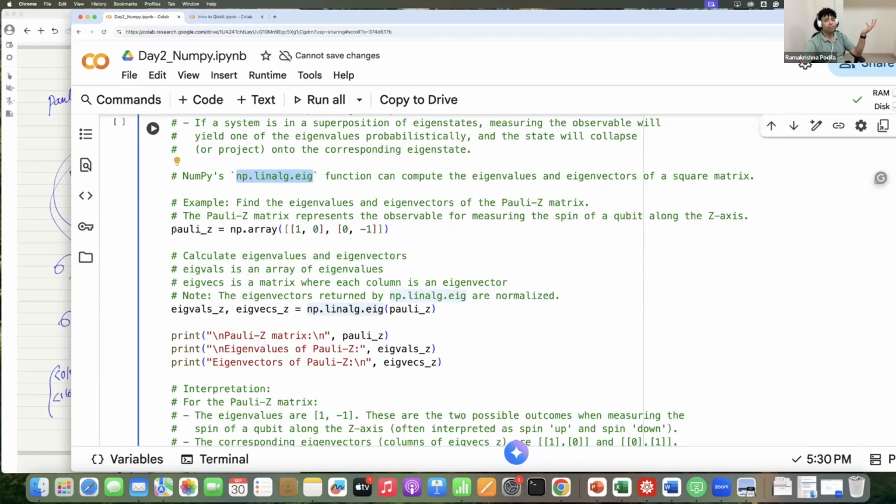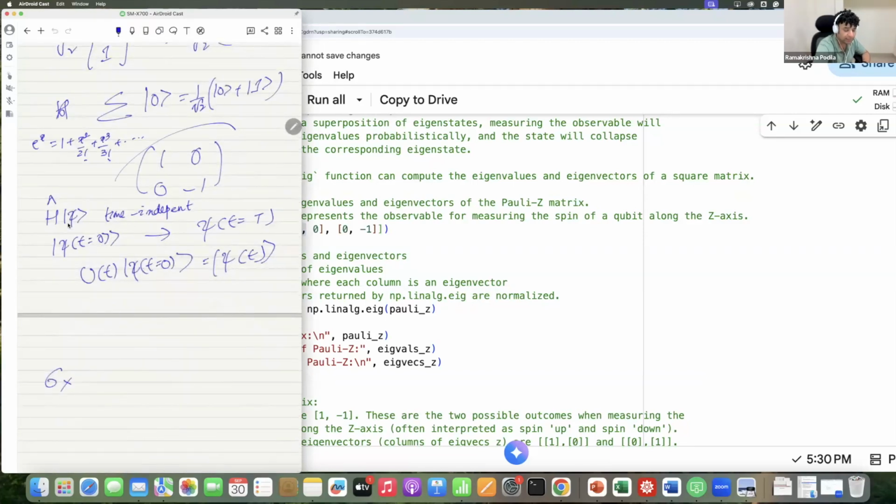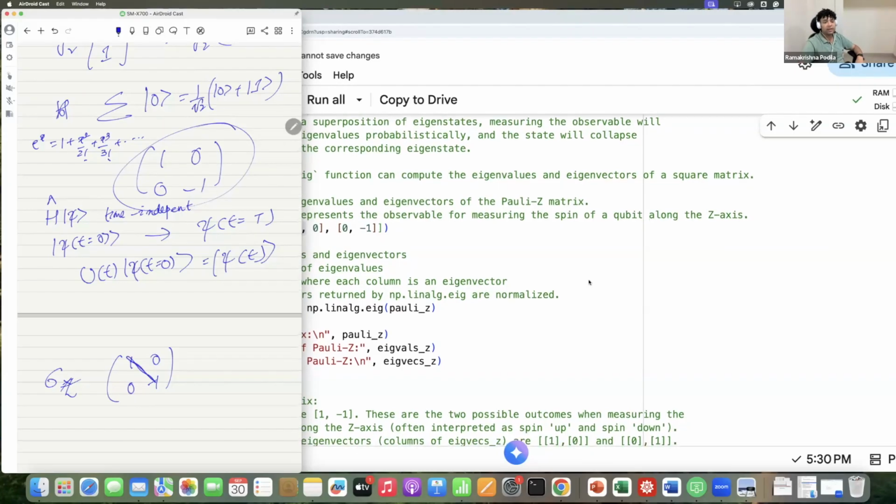So for example, if I take the Pauli Z matrix, which is very simple, it is 1, 0, 0, minus 1. When you have a diagonal matrix like that, whatever is along the diagonal are the eigenvalues. So you can clearly see that for Pauli Z the eigenvalues should be 1 and minus 1, like spin up and spin down, which we will discuss when we discuss the Stern-Gerlach.